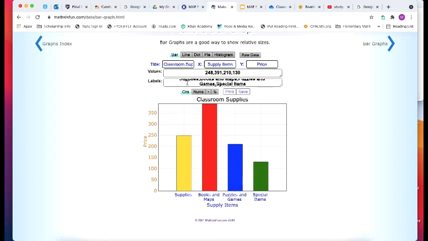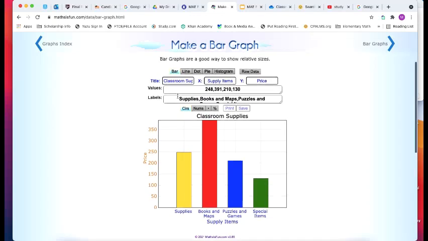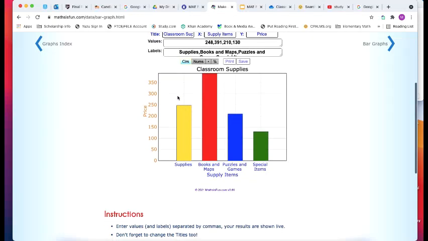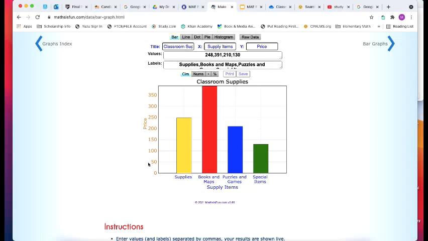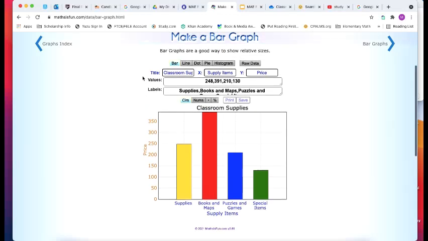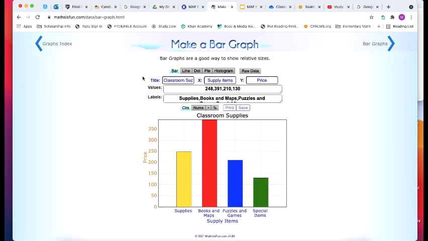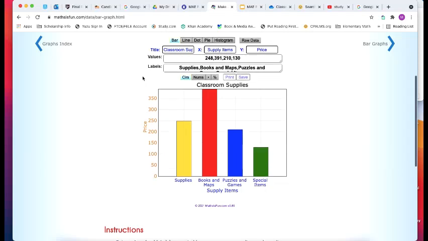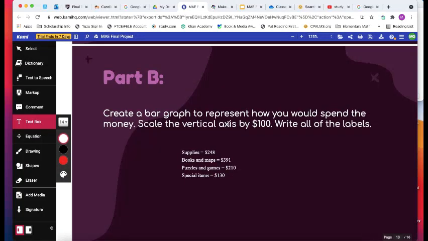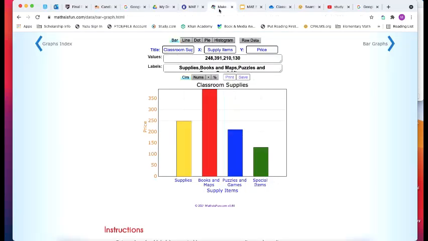Okay, so this graphing website that I'm having you use, it doesn't let you choose the values of your vertical axis or your y-axis, so it does it for you. So if you use this one, that is fine, but if you use another way to make it, you have to do that how the question words it, by $100.